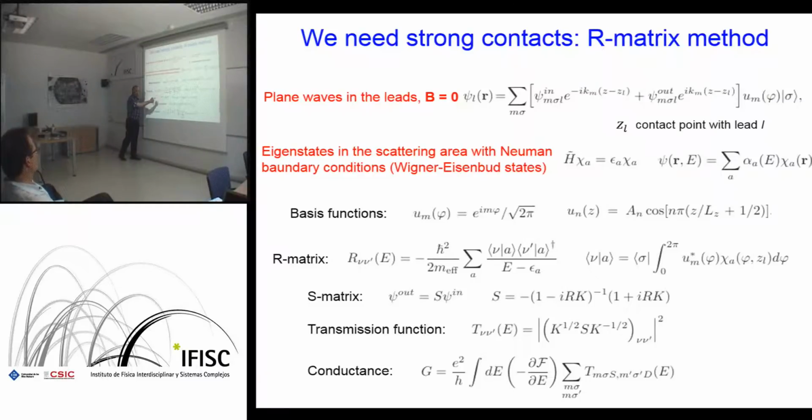So in the continuity equation, you can pick the S matrix, which depends on another matrix which is called the R matrix, which contains the Neumann boundary conditions. So then you have the transmission function and the conductance. Again, I do not want to insist. We can discuss the method separately.